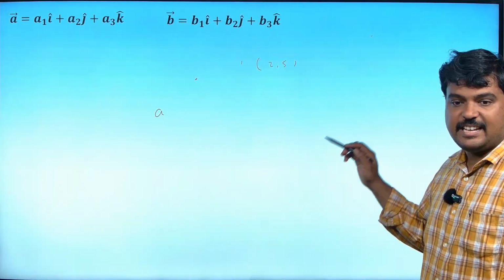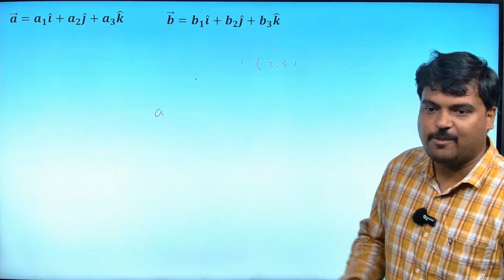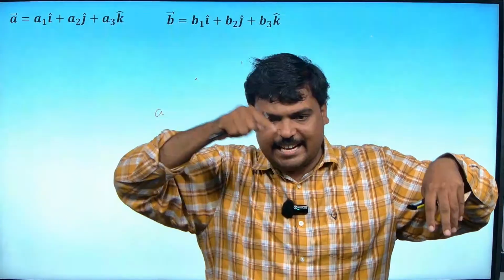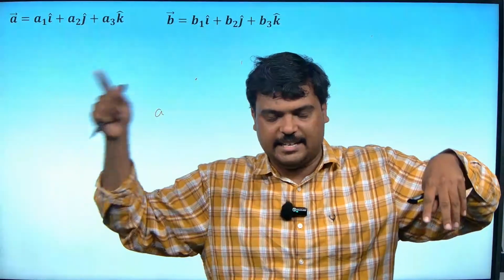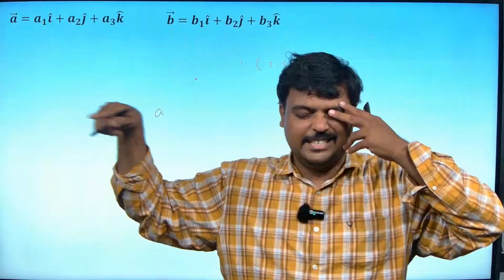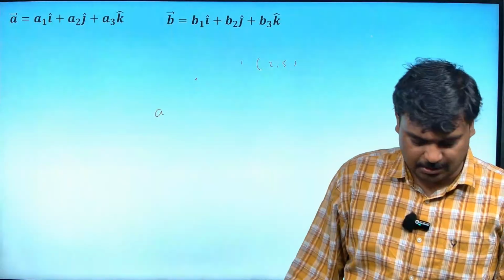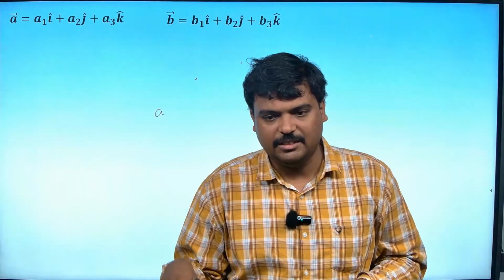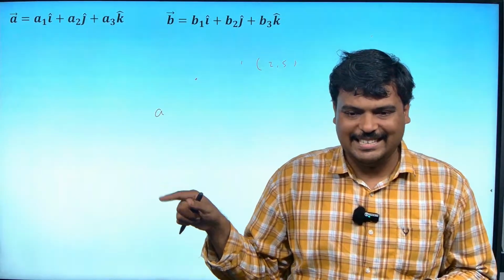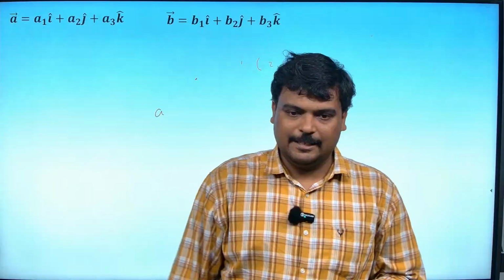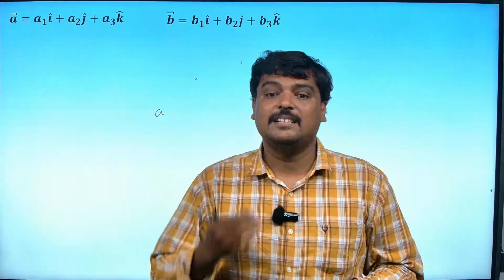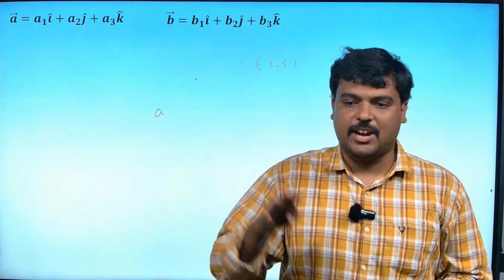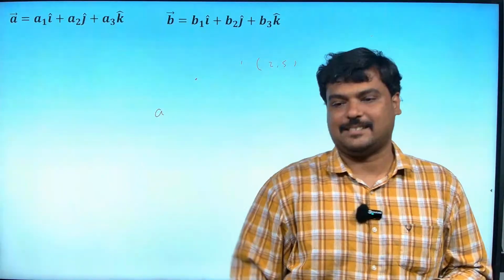If I have a vector and b vector, a cross b will be equal to the determinant of i j k, x1 y1 z1, x2 y2 z2. Or similarly a cross b is equal to mod a mod b sin theta n cap. That is the direction. The speciality of cross product is that the result is going to be another vector.